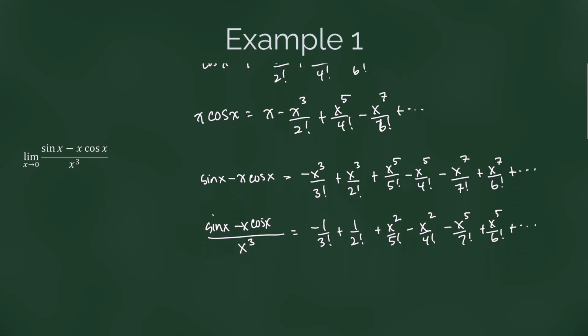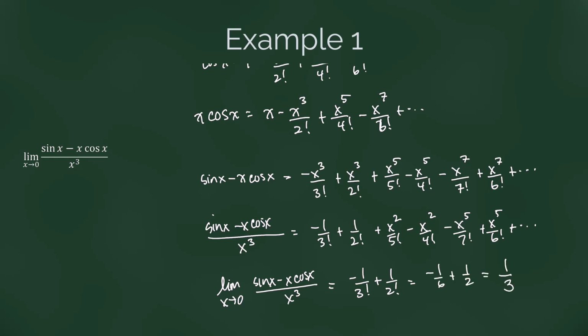But if we take the limit now as x approaches 0 of that expression, we'll see that all of the terms except for the first two become 0. So we get negative 1 over 3 factorial plus 1 over 2 factorial, which is negative 1/6 plus 1/2, which is positive 1/3.